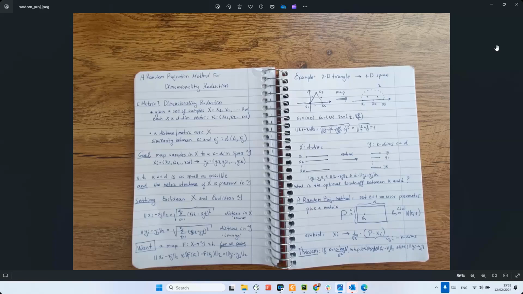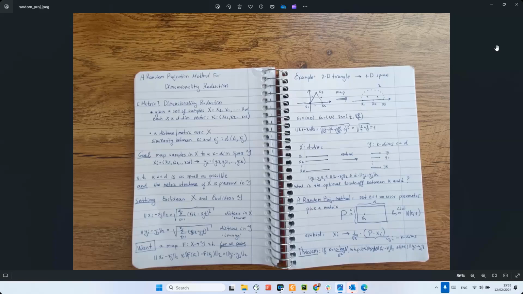As I told you, this is a probabilistic result, because the algorithm is randomized, because you're picking matrices randomly. There is a distribution of matrices, and you're picking one of these. But the result says that with high probability, you're guaranteed to have the distances preserved. What does it mean? It means that for most of the matrices in the distribution, if you pick one of these, you will have the guarantee.